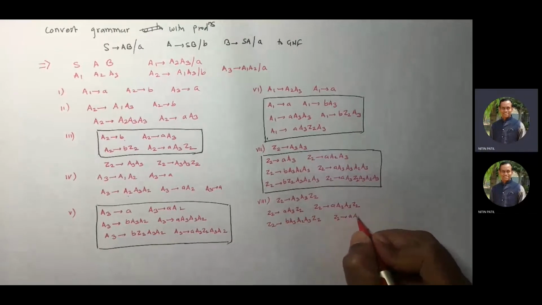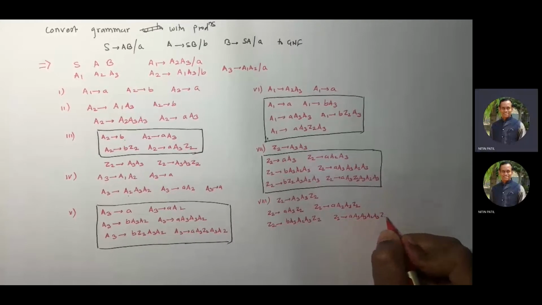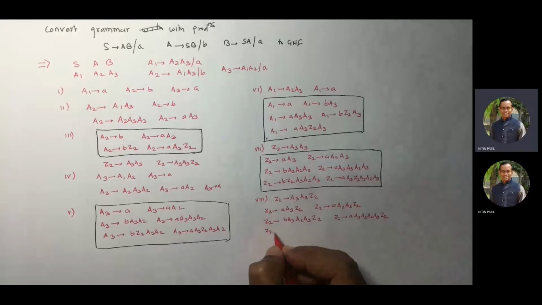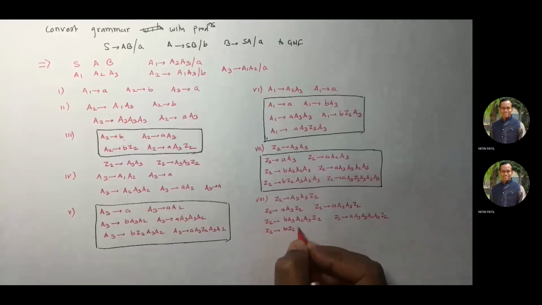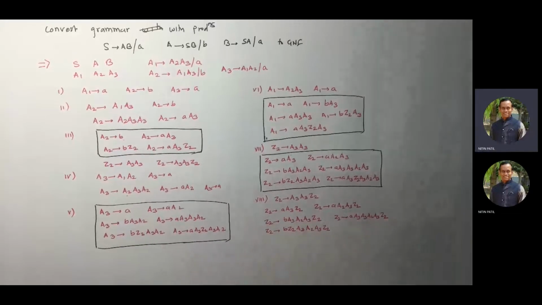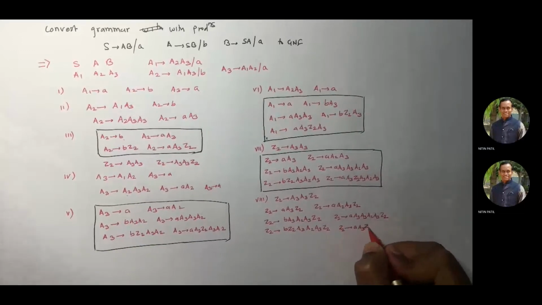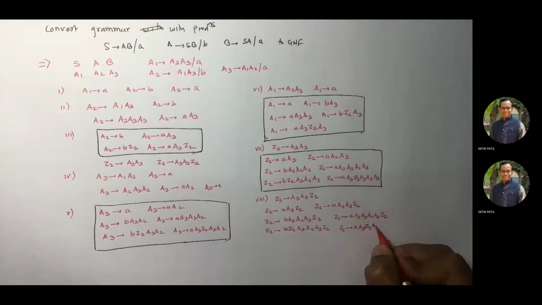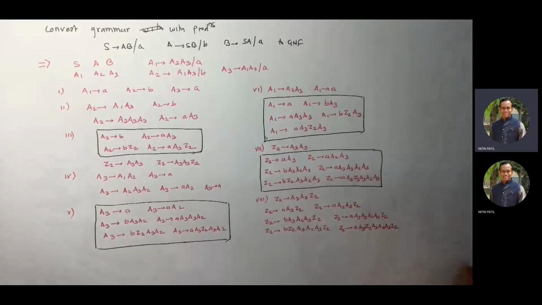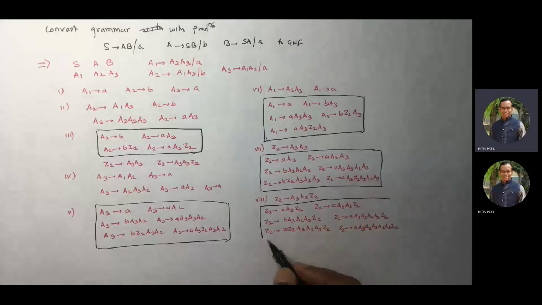Z2 gives A, A3, A3, A2, A3, Z2. Z2 gives B, Z2, A3, A2, A3, Z2. And last one, Z2 gives A, A3, Z2, A3, A2, A3, Z2. So this would be 6. So this is how you get every production of the given grammar as a resultant grammar in GNF.